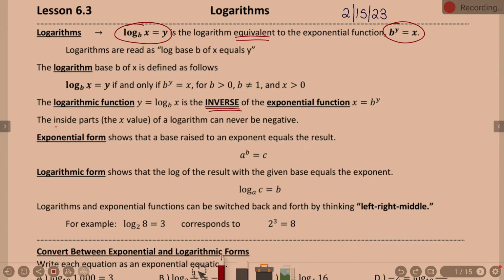The inside part, the x value of a logarithm, can never be negative. When we look at the calculator and do some practice, you'll get an error message on your calculator. So what's in the x position can never be negative. Notice here it was stated as x is greater than 0.